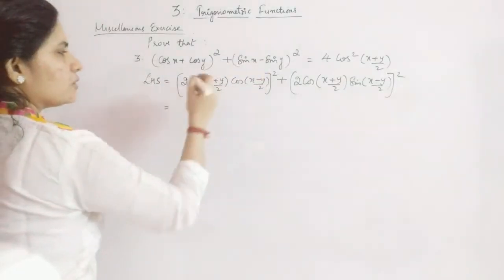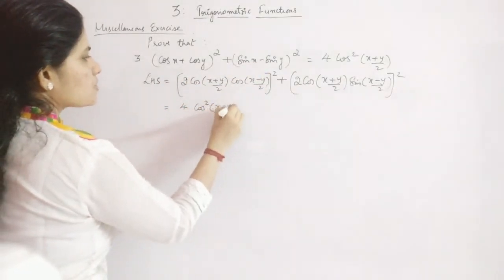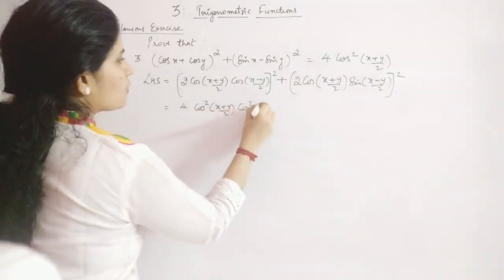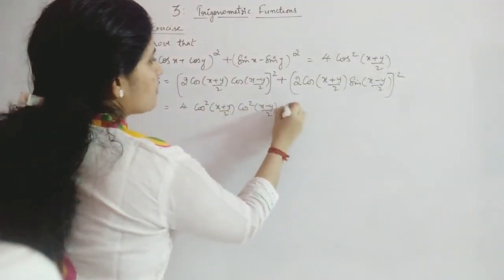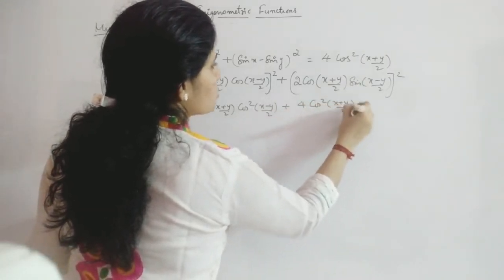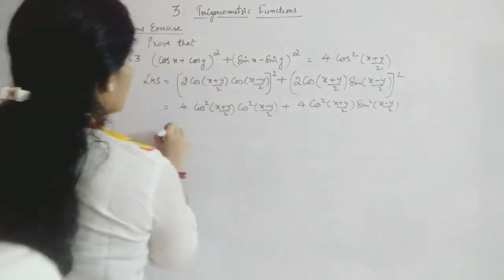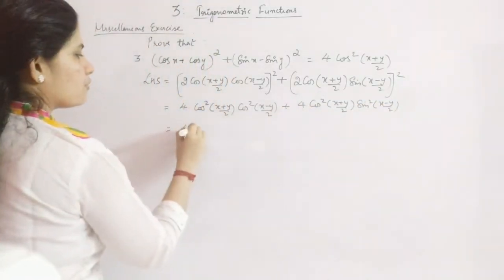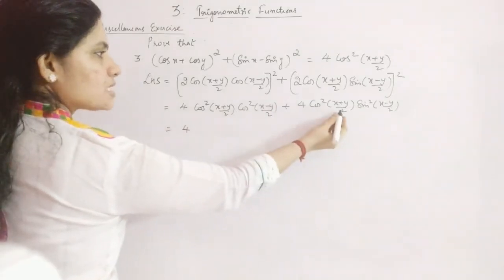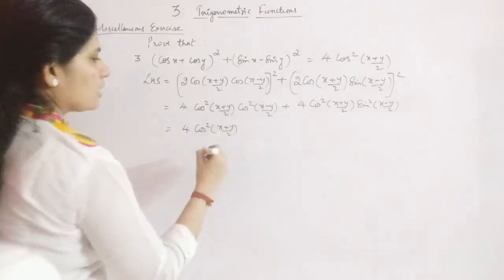Now again applying the whole square, you will get this to be 4 cos square of (x plus y) by 2, cos square of (x minus y) by 2, plus again 4 cos square of (x plus y) by 2 sin square of (x minus y) by 2. What you have in common for both the terms, you have 4 and cos square of (x plus y) by 2, right? So cos square of (x plus y) by 2 has been taken out.